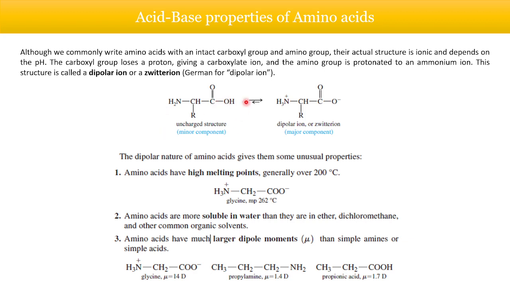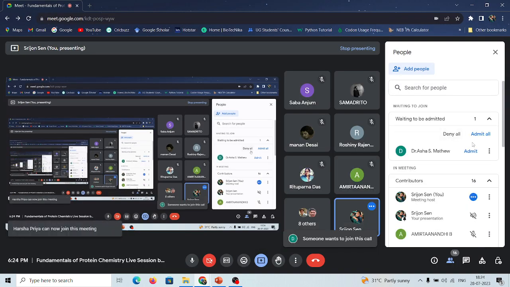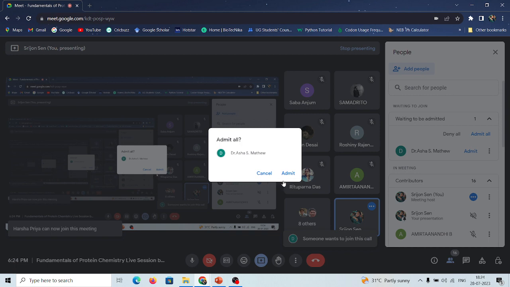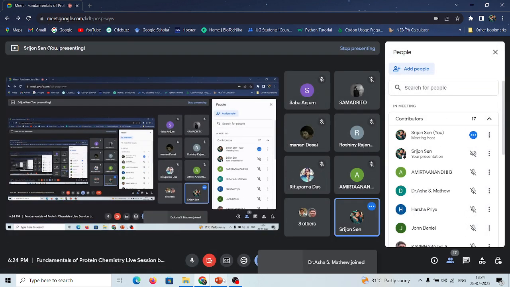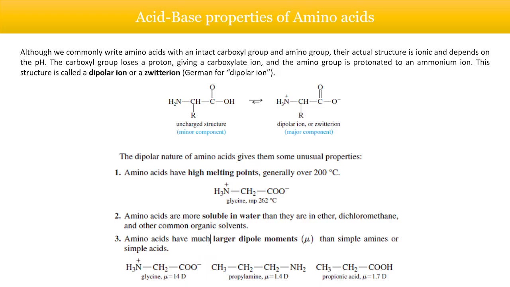Here we have the uncharged structure, which is the way we usually write it, but we are supposed to write it in this zwitterionic form, where the amino group is positively charged and the carboxyl group is a carboxylate ion, negatively charged. The dipolar nature of these amino acids gives us some unusual properties.